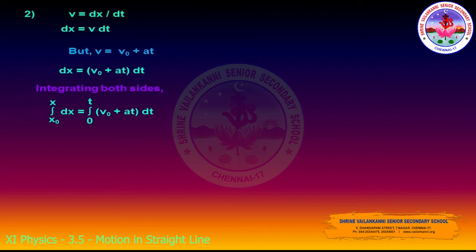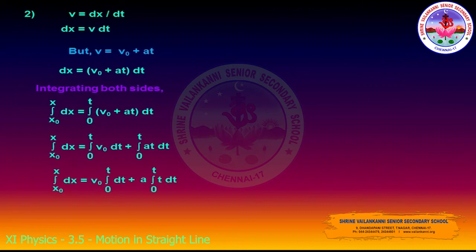The total we will get. So integration of dx with lower limit x naught and upper limit x is equal to integration 0 to t of v naught plus at into dt, right? So we will get integration of dx is equal to integration 0 to t of v naught dt.